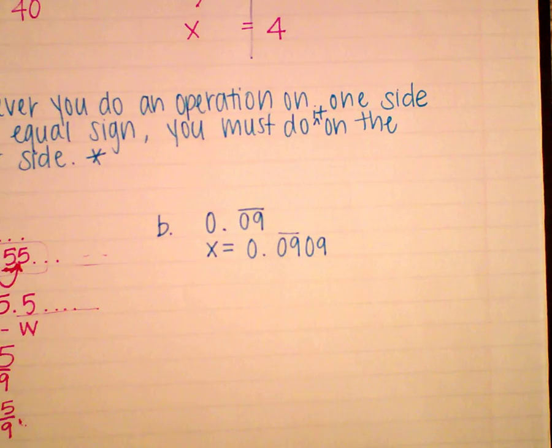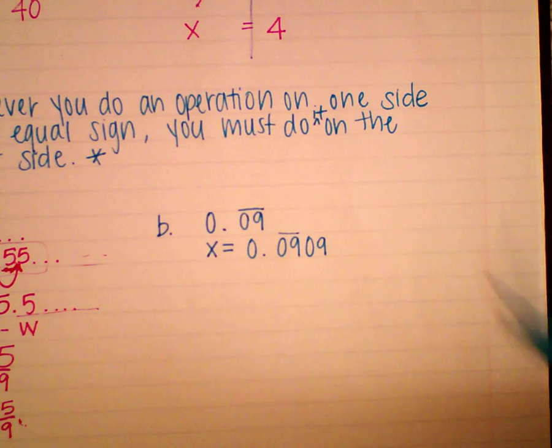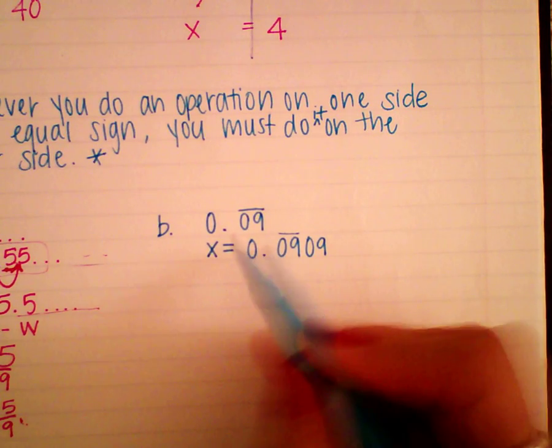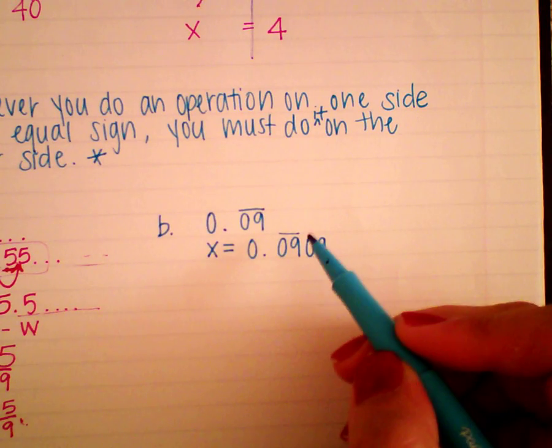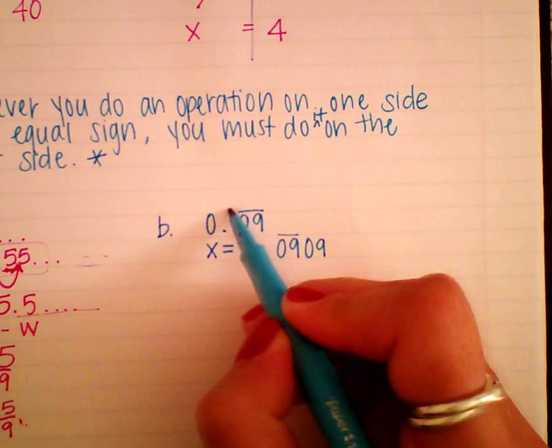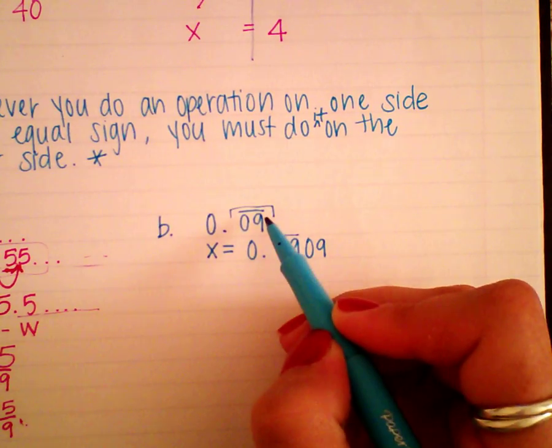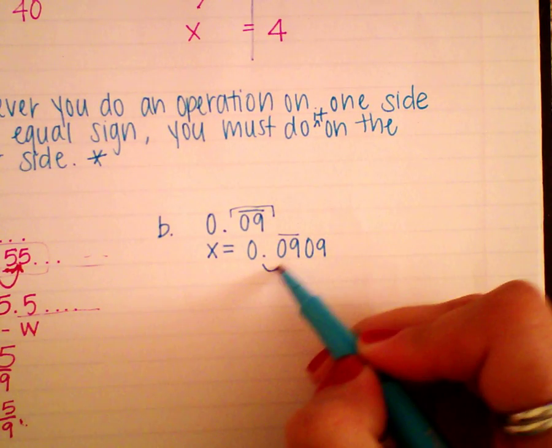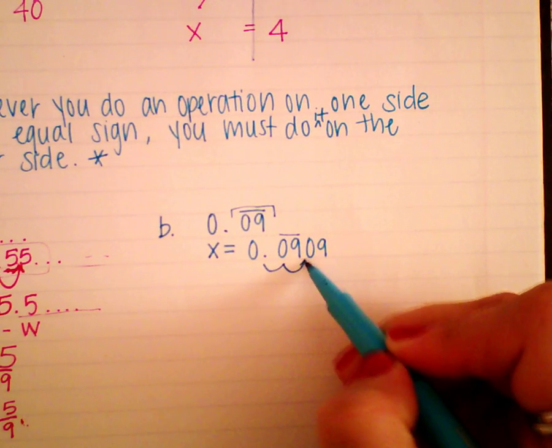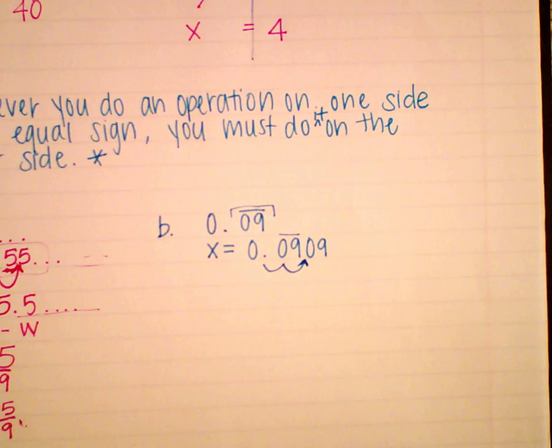Okay, so if x is equal to 0.09 repeating, I now want to multiply by a power of 10. So I need to multiply by the power of 10 for as much as my decimal was repeating. In this case, 09 is the repeated part. So I need to move my decimal enough to get me through the part that's repeating.